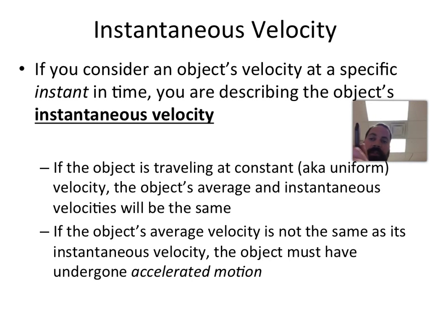But if it starts from rest, for example, and then gets faster and faster, you could think of moving from this point to this point, going some distance over time, and there is an average velocity, but it's not the same as the velocity at any one point, because that velocity constantly changes. So in that case, you would not have the same instantaneous velocity as the average velocity. They would be different. And if the velocity has changed, we call that acceleration, and that we'll get into a little bit later.